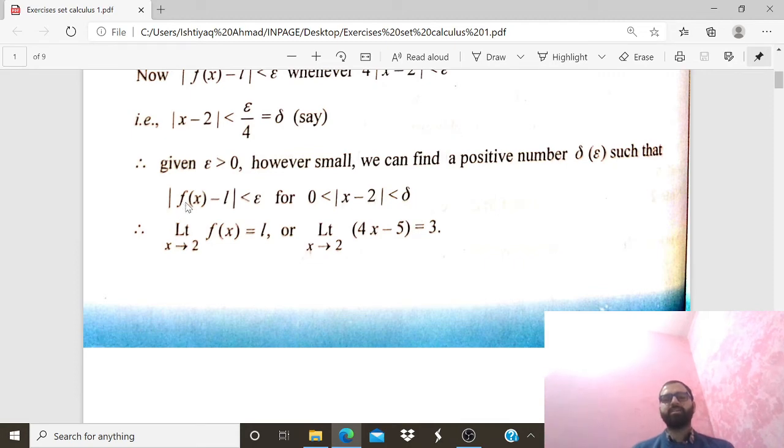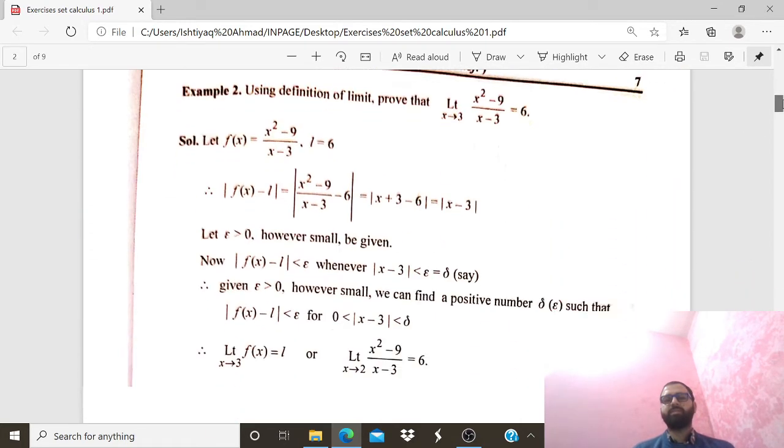So by the epsilon delta definition of limit, the limit of this function at x equal to a, which is 2 here, is L, and we have proved it, more importantly with the concept of epsilon delta.